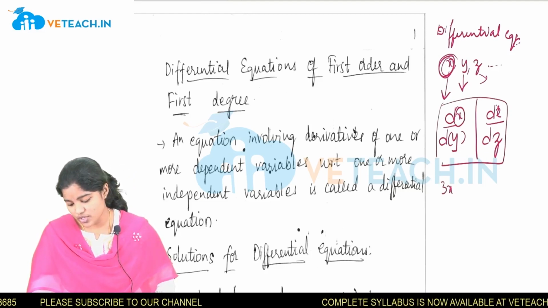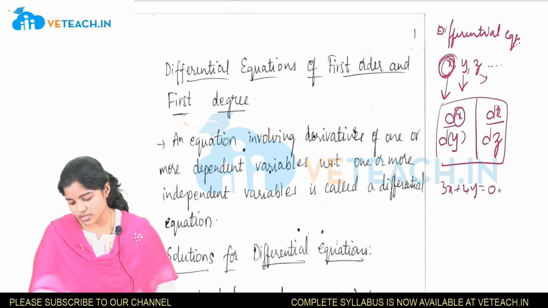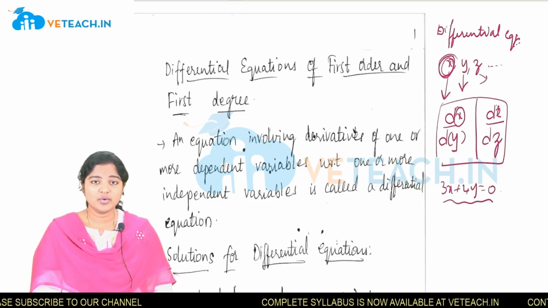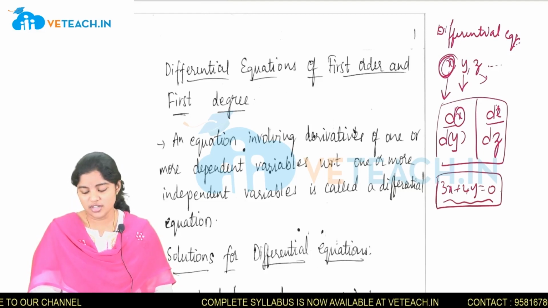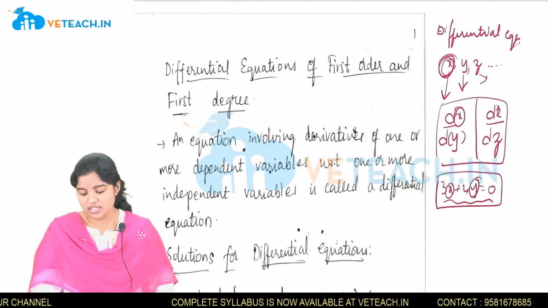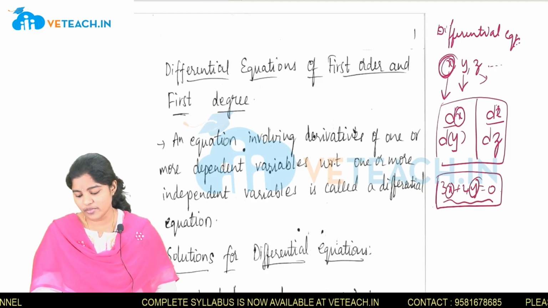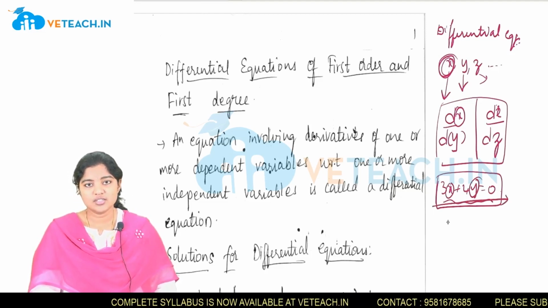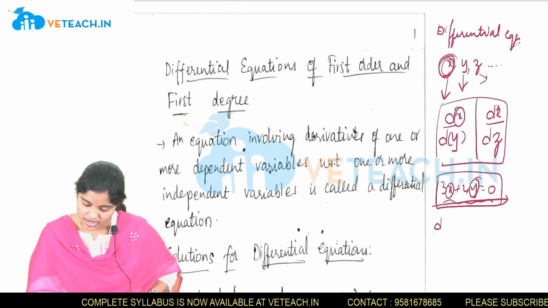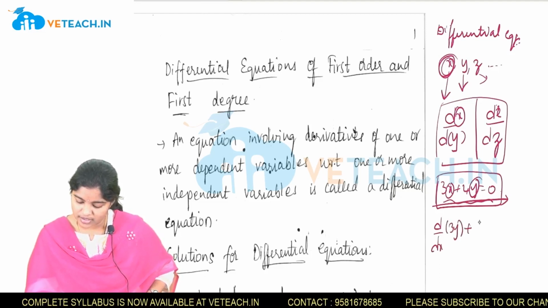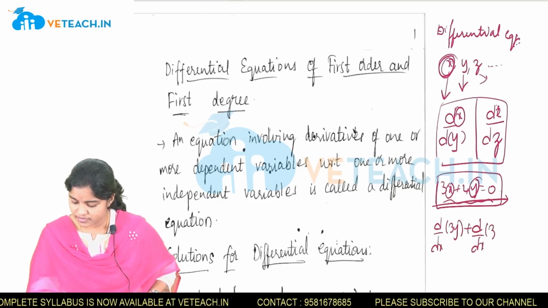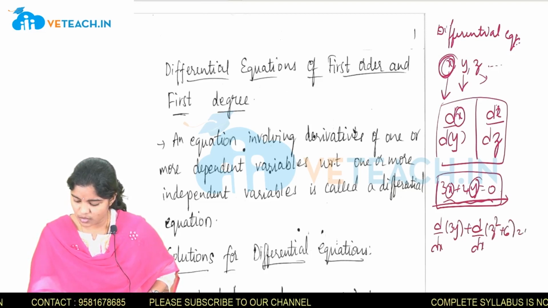Suppose we take an equation 3x plus 4y is equal to 0. Is this a differential equation? No, because there is no derivative term in this equation. We have only variables. So in order to find the derivative, we differentiate the whole equation. The derivative equation is in the form of d by dx of 3x, 3y, d by dx of z square plus 6 is equal to 0.